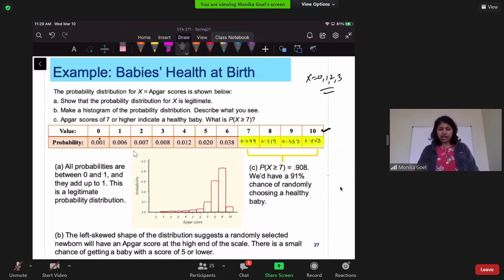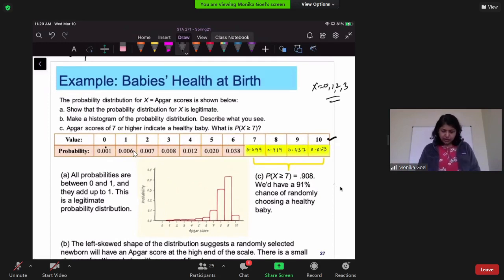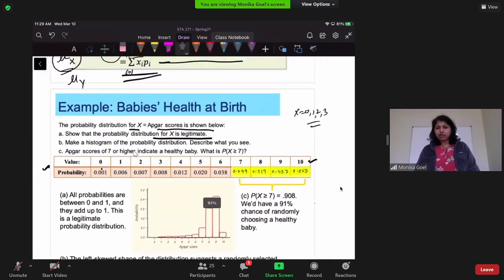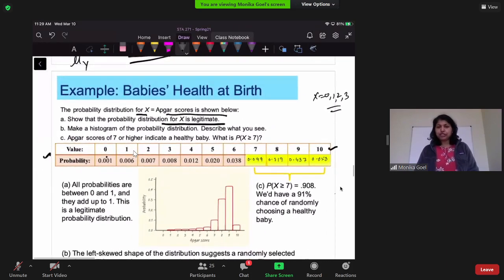The question gives the probability distribution for x, the APGAR score, shown in this table, and asks you to show that the probability distribution of x is legitimate, a correct model to work with. To check that, we need to satisfy our first 2 rules, which are these. Take a look at this question and tell me, do you think these 2 rules are satisfied here?